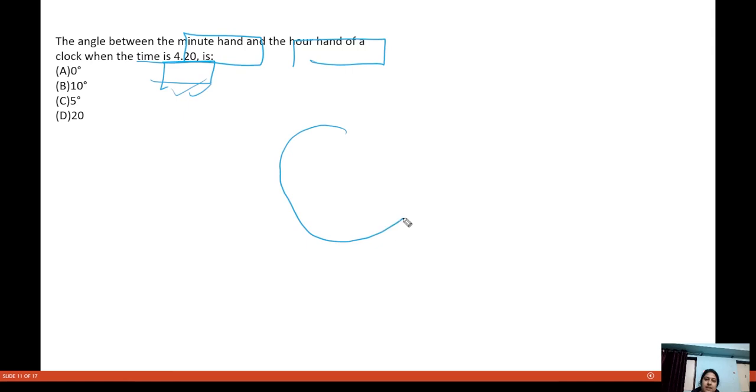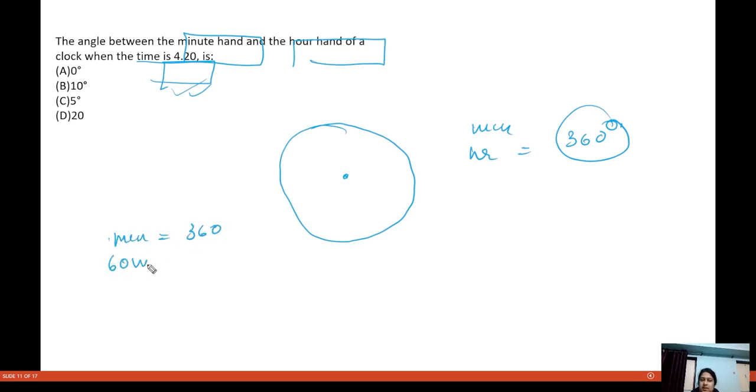Now see, whenever we have a clock, both the minute hand and hour hand are traveling 360 degrees. The minute hand is traveling 360 degrees in 60 minutes, and the hour hand is traveling 360 degrees in 12 hours.